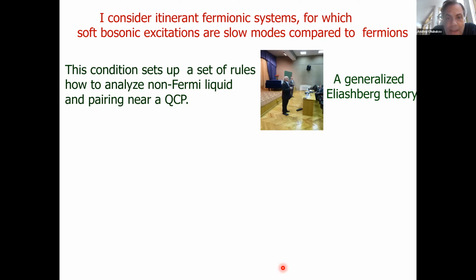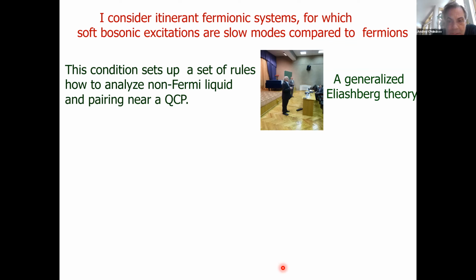For an electronic mechanism of pairing, when we don't deal with bosons but rather with collective excitations of electrons, the slowness of collective bosons almost all the time appears due to the fact that bosons are Landau overdamped into particle-hole pairs. When you deal with Landau overdamped bosons, massless at the critical point but still Landau overdamped, by virtue of overdamping these are slow modes compared to fermions.